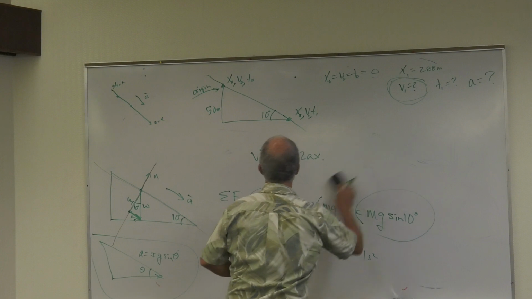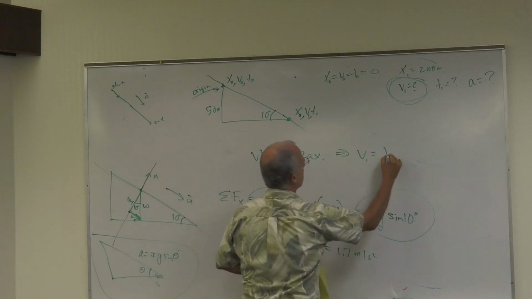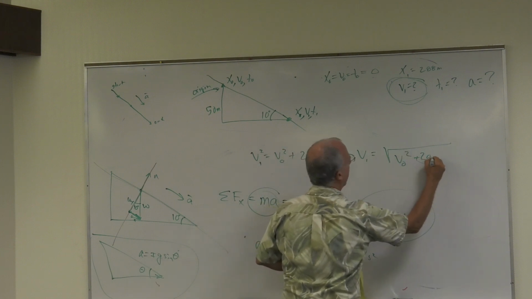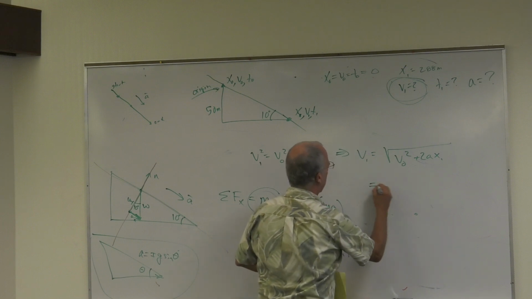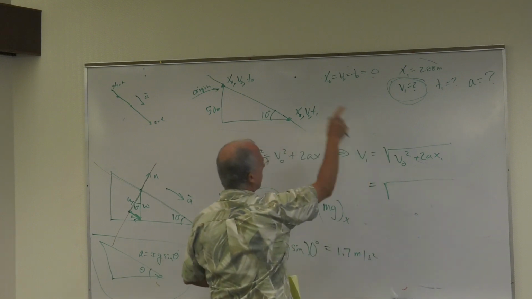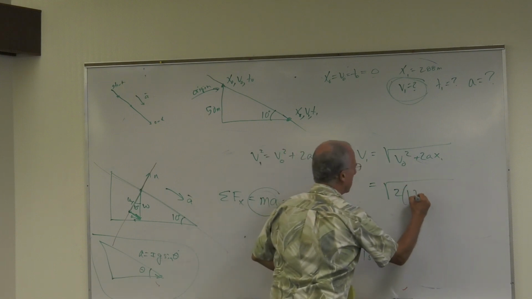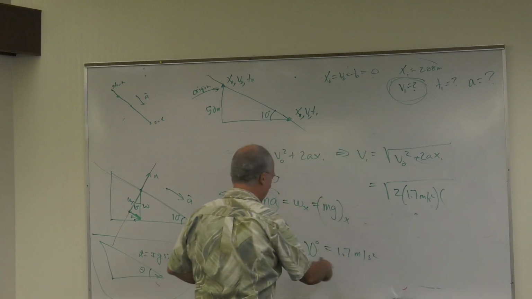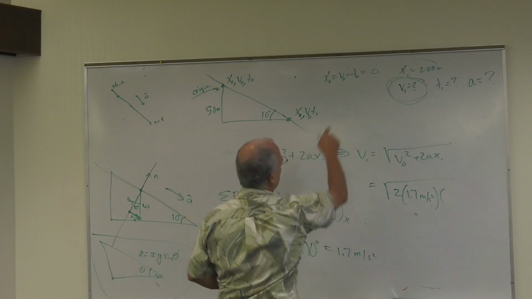So let's solve for v1. Therefore, v1 is the square root of v0 squared plus 2ax1. Okay, what's v0? 0. We have 2a, 1.7 meters per second squared, and x1, where's x1? 288.